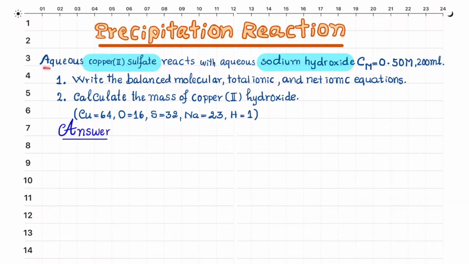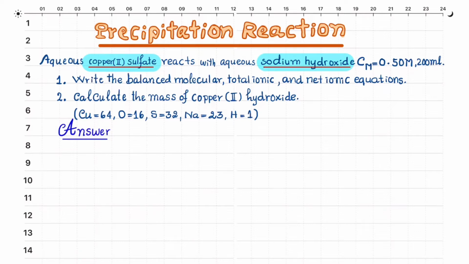Aqueous copper(II) sulfate reacts with aqueous sodium hydroxide. We have a concentration of 0.50 molar and a volume of 200 milliliters.